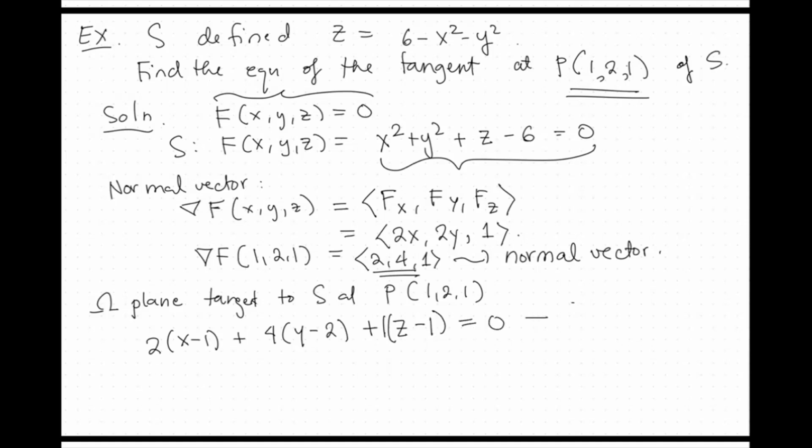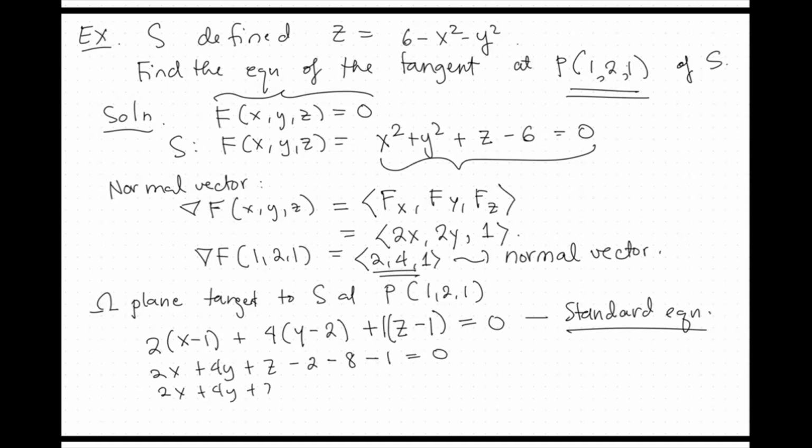So now this is your standard equation. To get the general equation, you get 2x plus 4y plus z minus 2 minus 8 minus 1 equal to 0, so you get 2x plus 4y plus z minus 11, equal to 0, or equal to 11, depending on how you represent it.